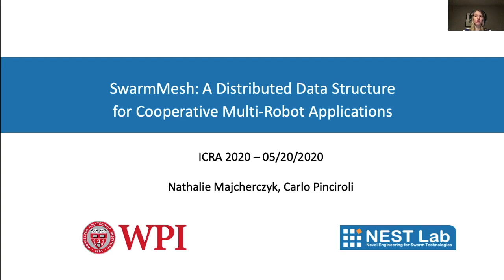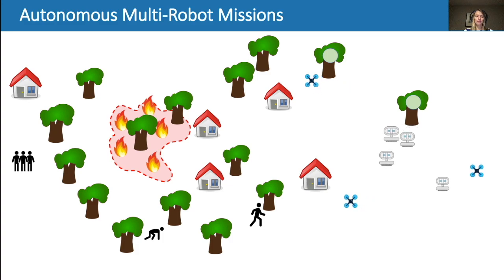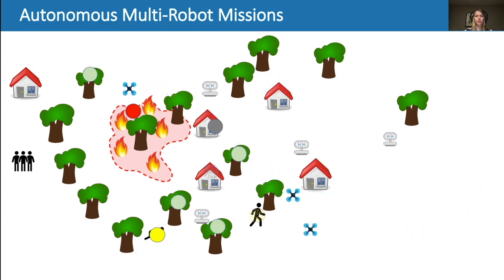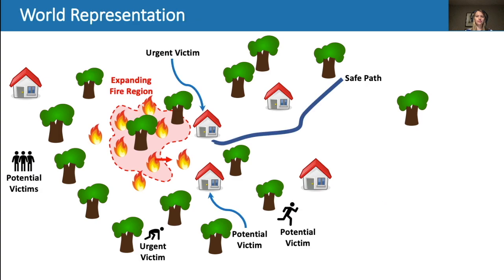In this video, I will talk about our work designing SwarmMesh, a distributed data structure for cooperative multi-robot applications. Our end goal is to work towards enabling autonomous multi-robot applications in scenarios where robots have to collect a lot of data without an existing communication infrastructure, besides their ability to exchange messages.